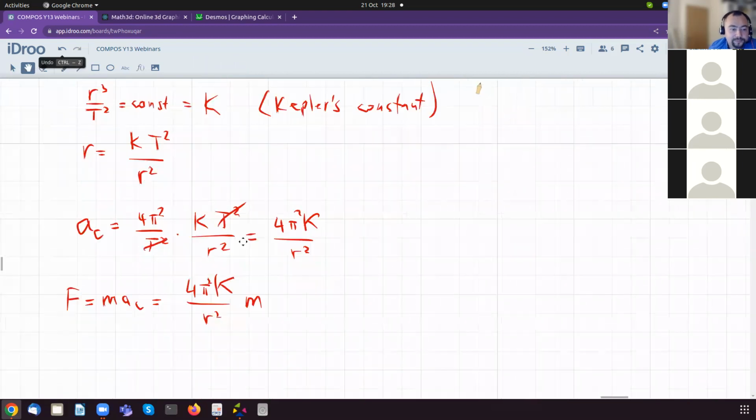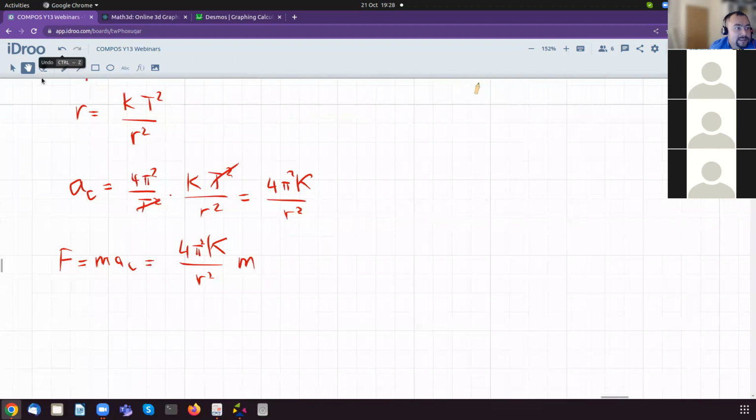Let's look at this expression. We can see that the force is 4 pi squared k m divided by r squared.